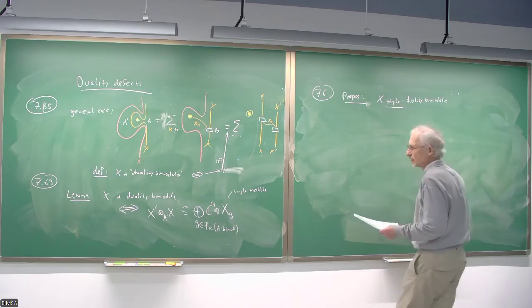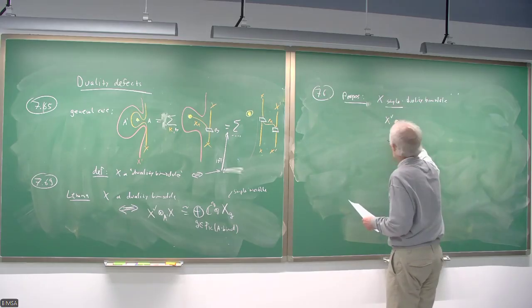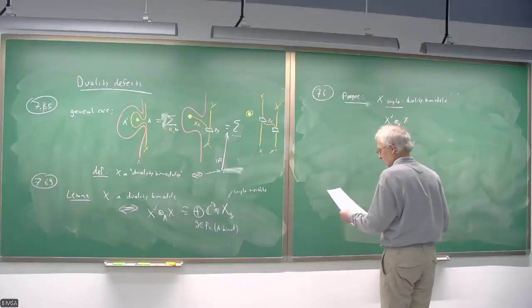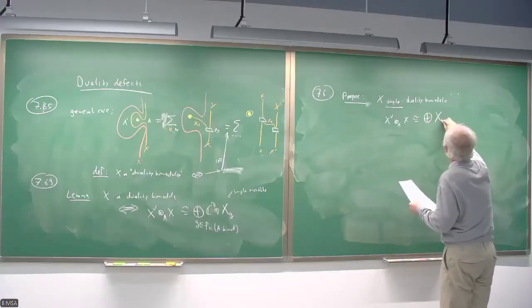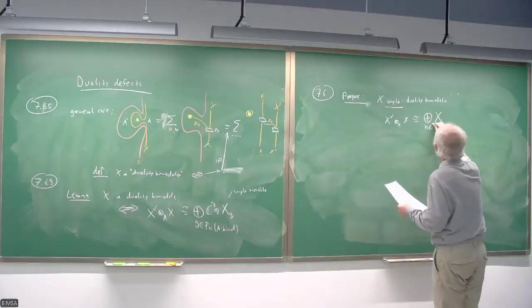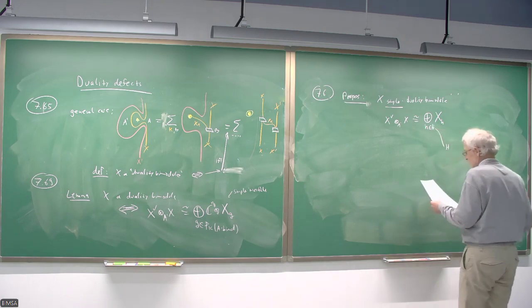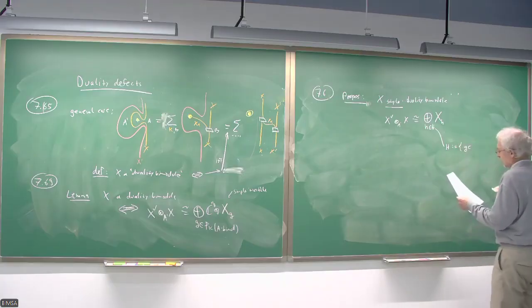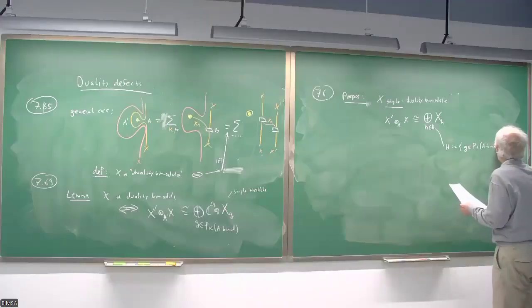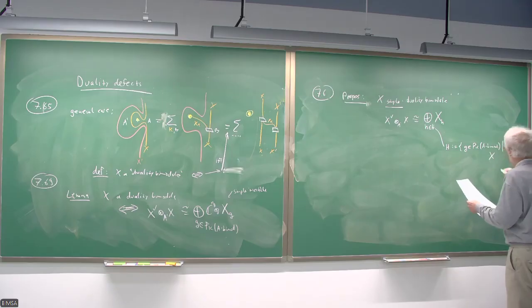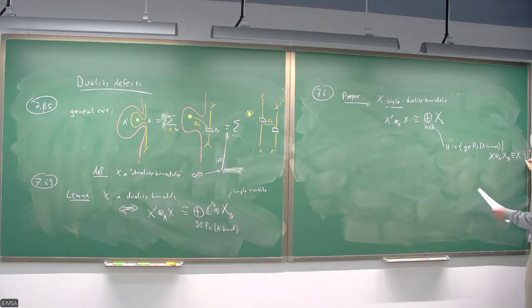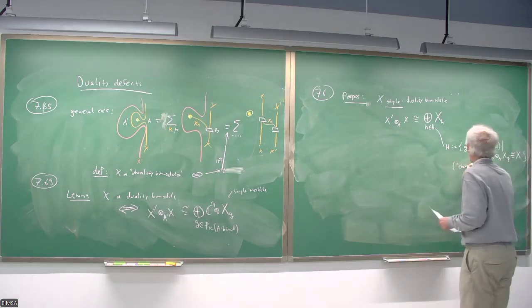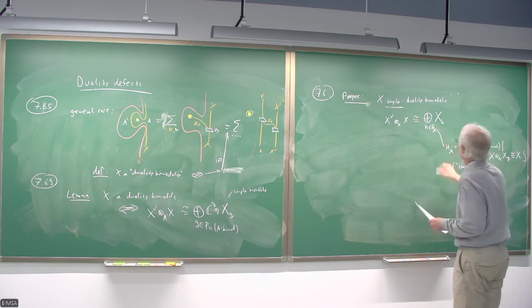If they are simple, then we can strengthen this. This is isomorphic to the direct sum of Xh, where h is in some subgroup H, where H is the subgroup of the Picard group which are precisely these, for which X is a fixed point in the sense that the tensor product over A prime of X with Xg is again X. Of course, this depends on X. Maybe I should find X here.